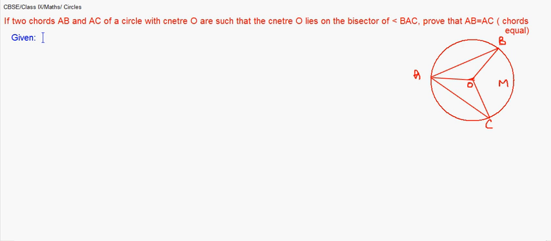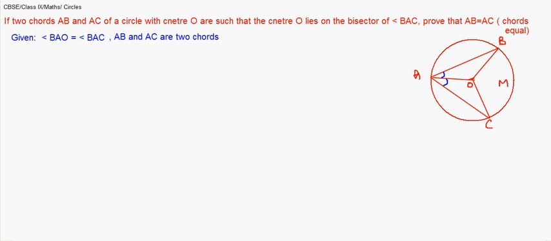That means angle BAO is equal to angle OAC. These two are equal. Right? Okay. And also obviously it is given that AB and AC are two chords of the given circle.